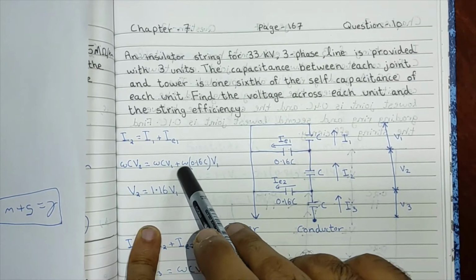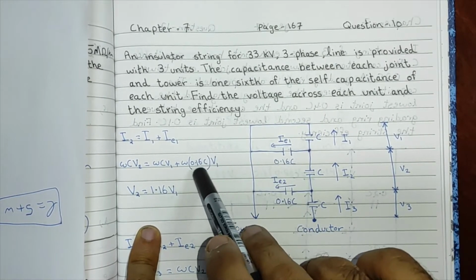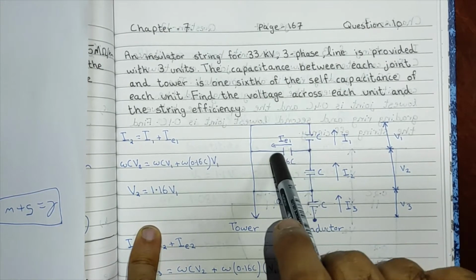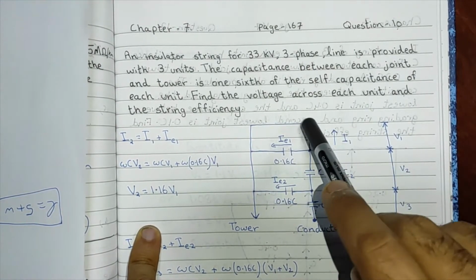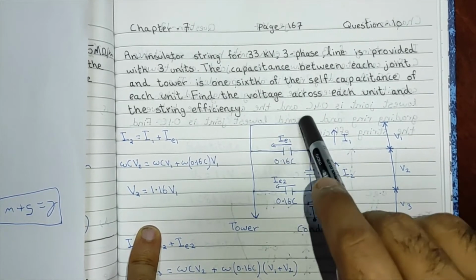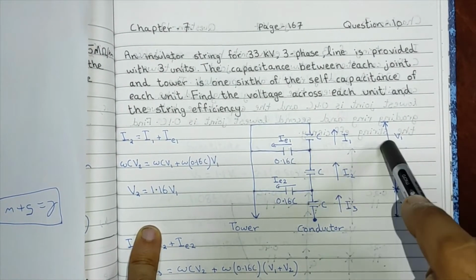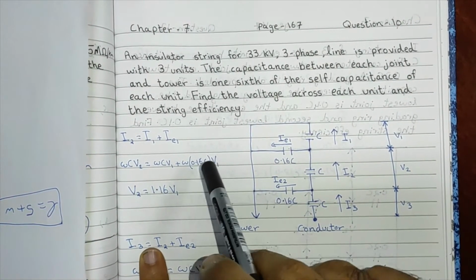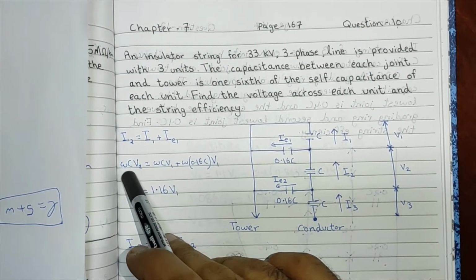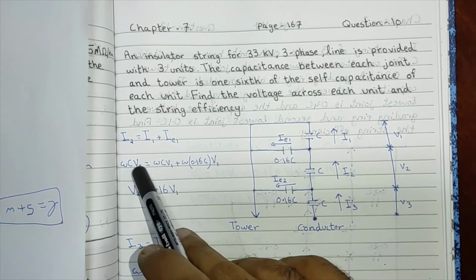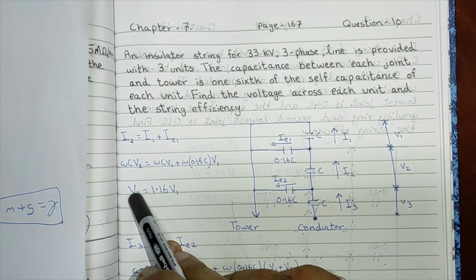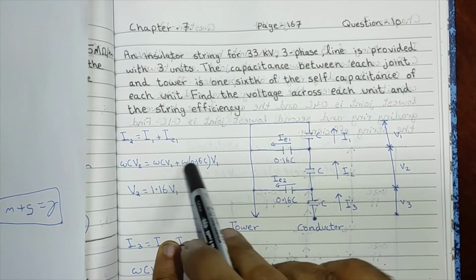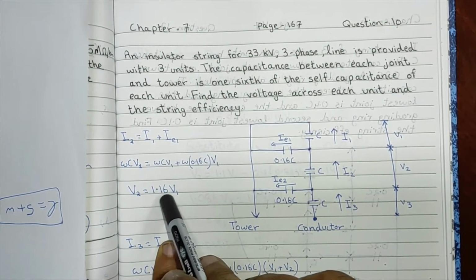It is omega times 0.16 C times V1, because the voltage across this capacitor is also V1, as this node and this node are the same. So omega and C will cancel each other from both sides. The only thing left is V2 on this side and 1 V1 plus 0.16 V1. You just add them up, you will get V2 equals 1.16 V1.